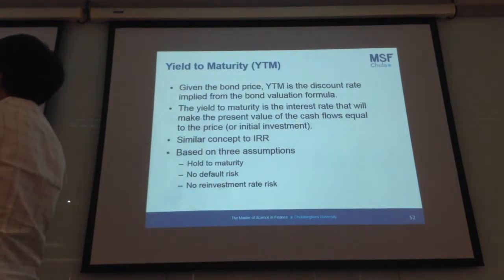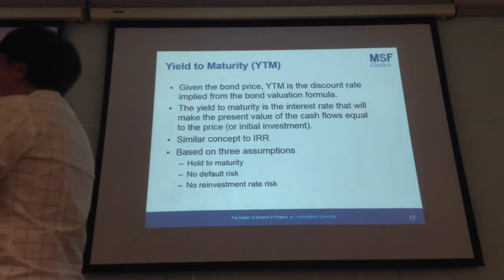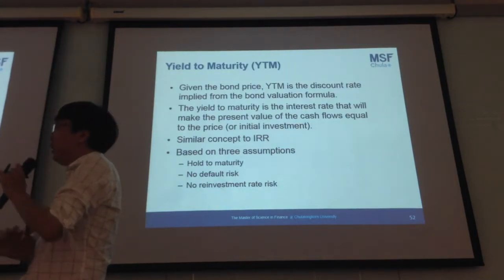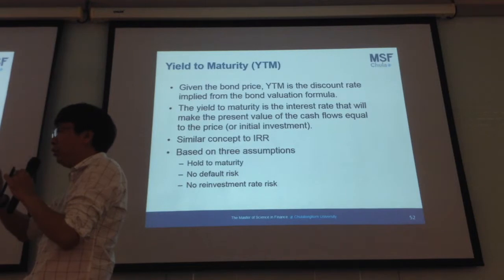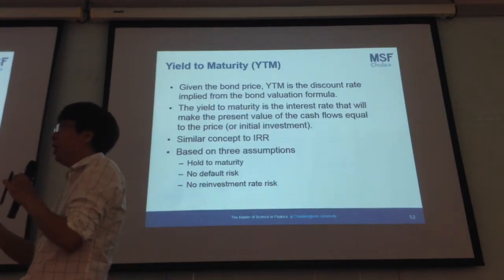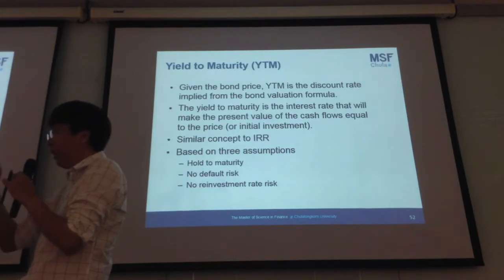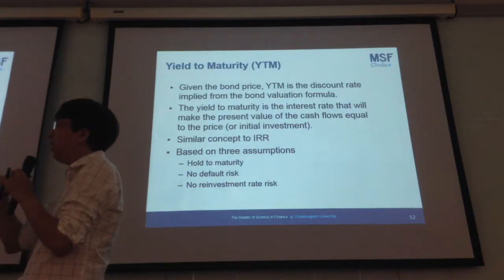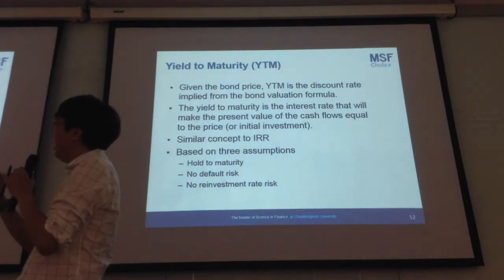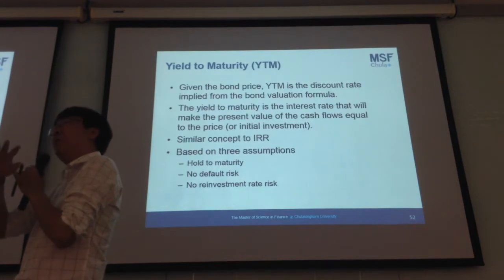Yield to maturity. In the bond market, these two variables, bond price and yield to maturity, given that you know one, you can estimate the other. Normally in the bond market, we look at these two, bond price and the yield.